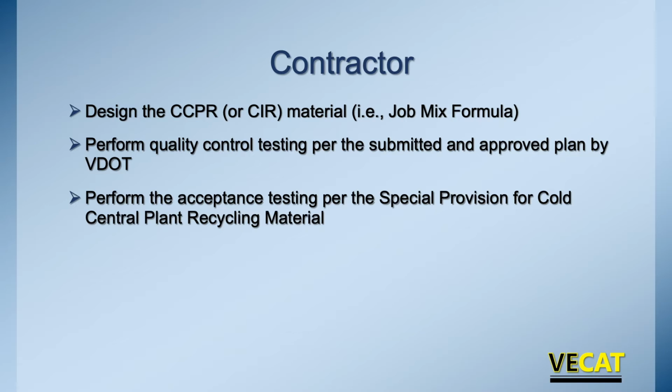They develop it, they submit it, they give it to VDOT for approval, and if VDOT approves it or asks for adjustments, then once it's adopted, they follow those processes through. They perform the acceptance testing per the special provision for cold central plant recycling material. As we go into that special provision, the contractor is doing those acceptance tests to make sure that the CCPRM meets spec.